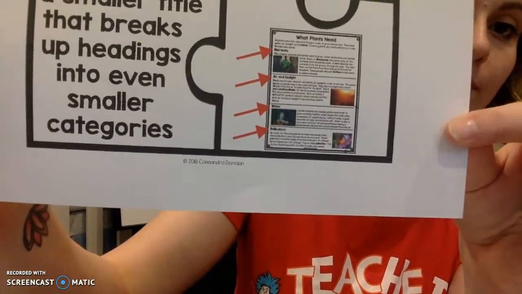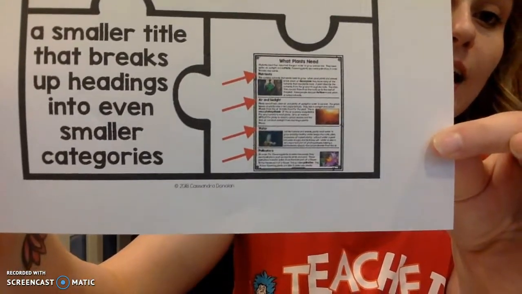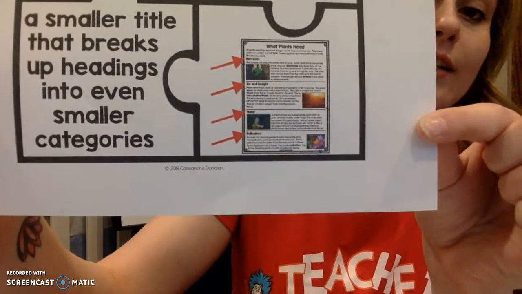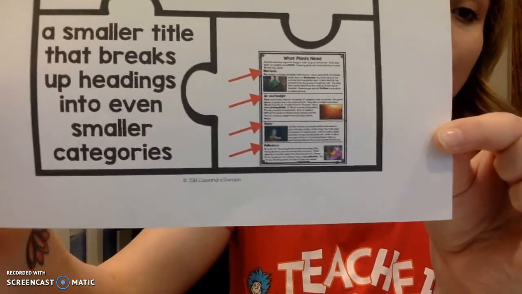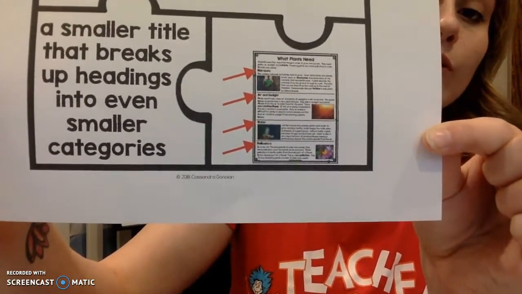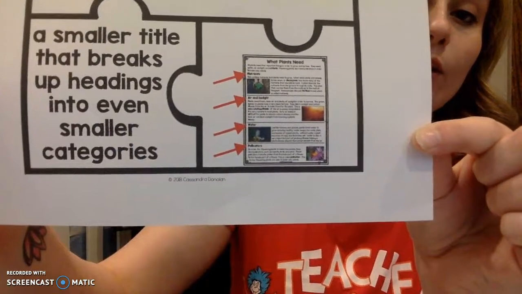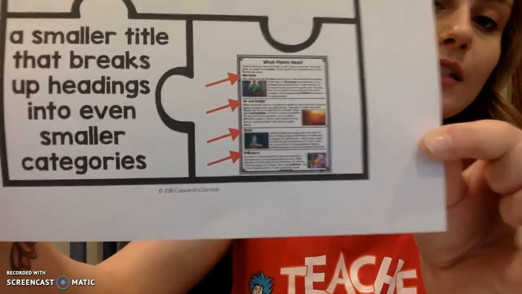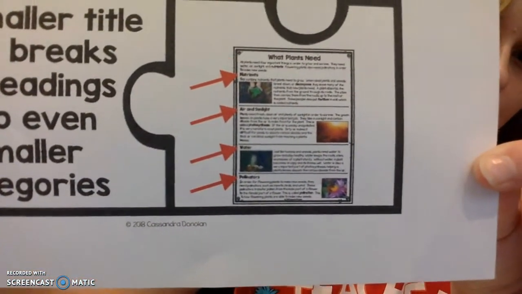Okay. The next text feature is called subheadings, okay? Subheadings go underneath a normal heading, and they are smaller titles, right? They're underneath a big heading. They're smaller titles, and they break up those categories underneath a regular heading, if you can see what the arrows are pointing to.